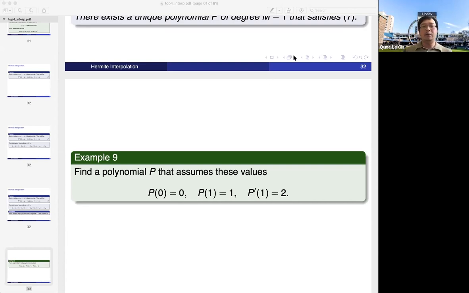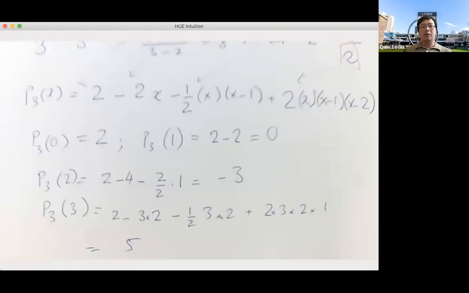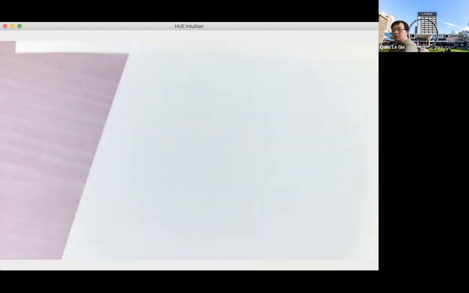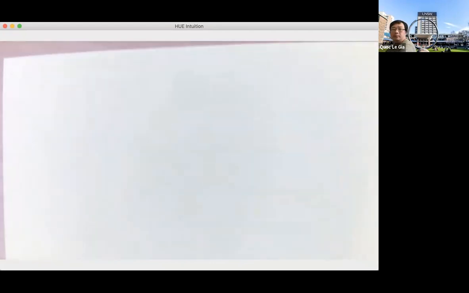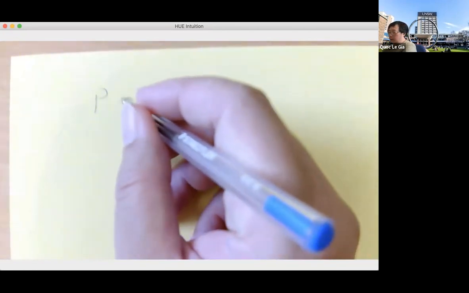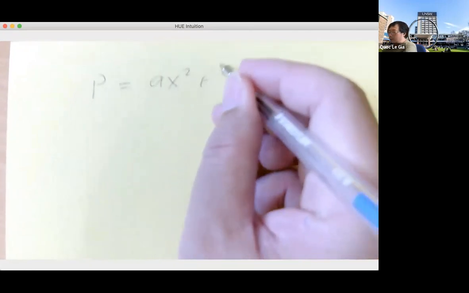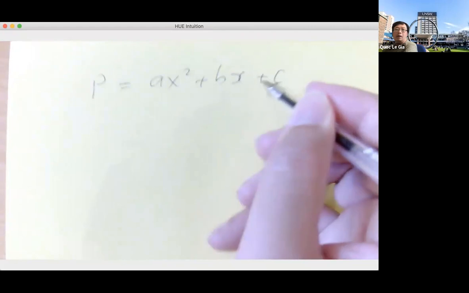And you can do this by writing a linear system. We can assume that p is ax squared plus bx plus c, right?